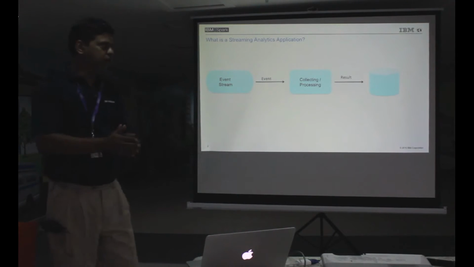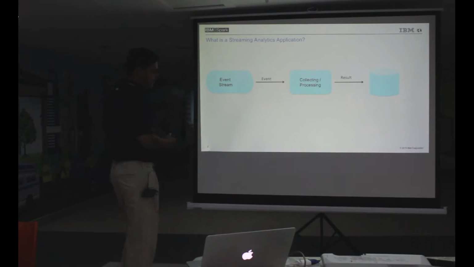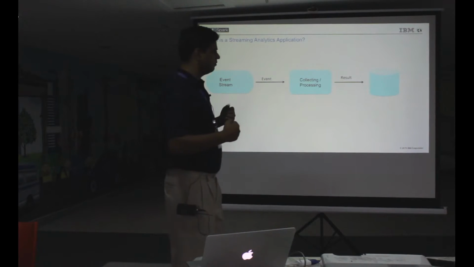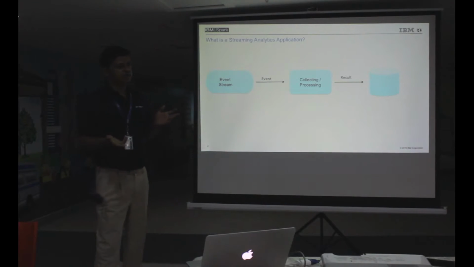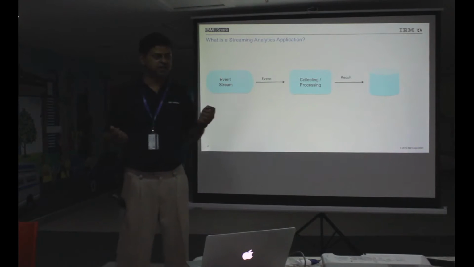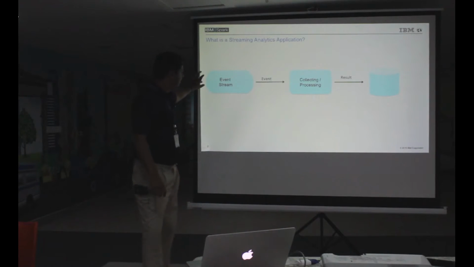Right? So this is a very simple slide. The reason I added it here is not that I'm giving you something great, but I just wanted to set it up for the next set of things that we'll get into, right? So what's a streaming application? A streaming application, as compared to a typical batch or historical application, is that you have an event source. You're getting events from that.